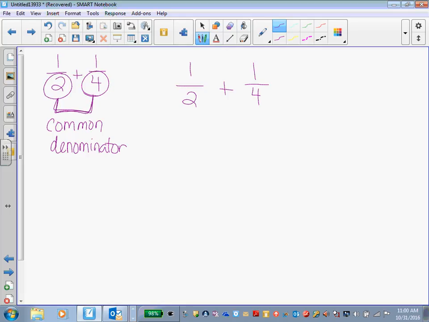So in this case, for 1/2, I'm going to multiply the 2 by 4, because that's the other denominator. And whatever I do to the denominator, I have to do to the numerator.